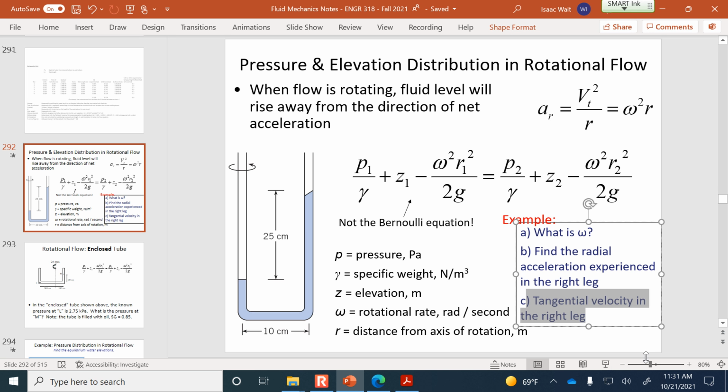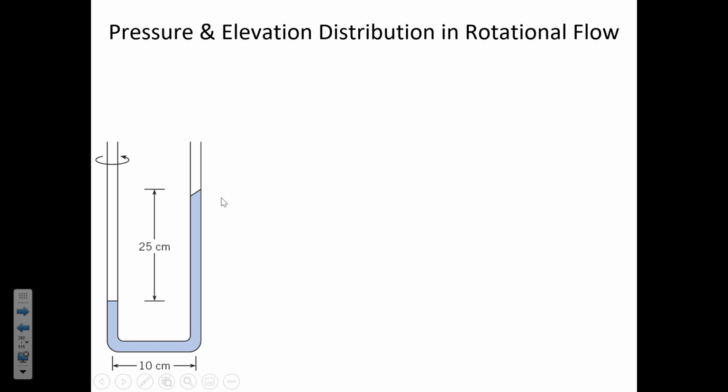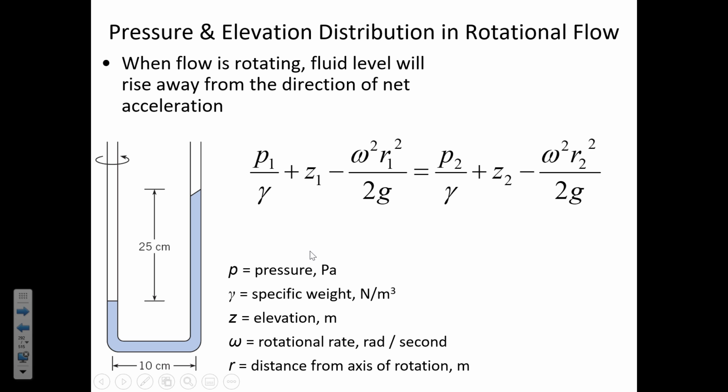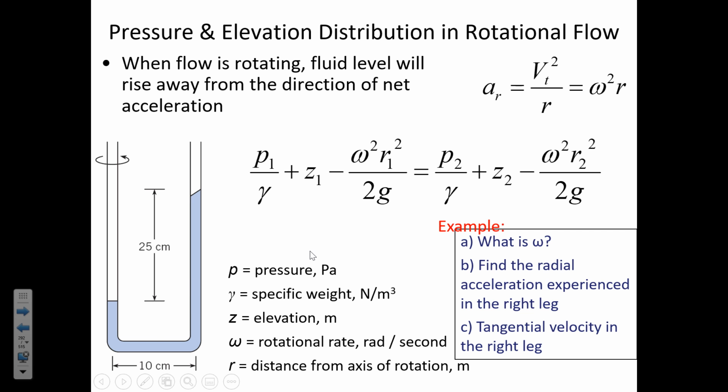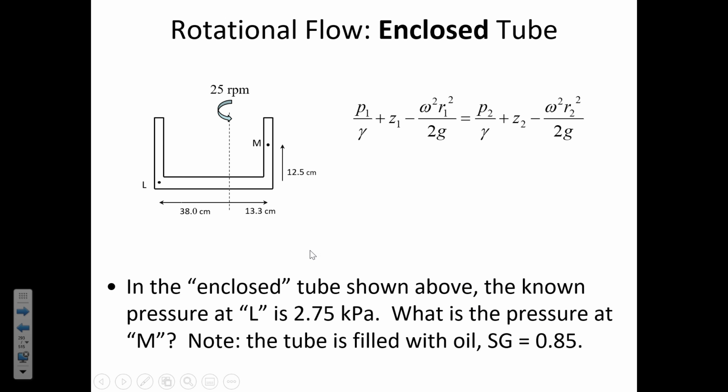All right. Now this one was open to the atmosphere, and so the liquid level was able to react as it began to rotate and experience the acceleration. In the case of this enclosed tube, the liquid level is all the way up to the top of the container. So it's full of a liquid. It's full of oil with a given specific gravity.